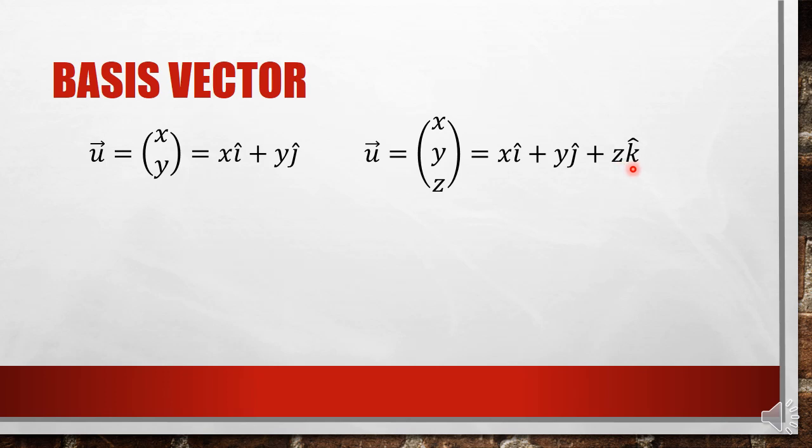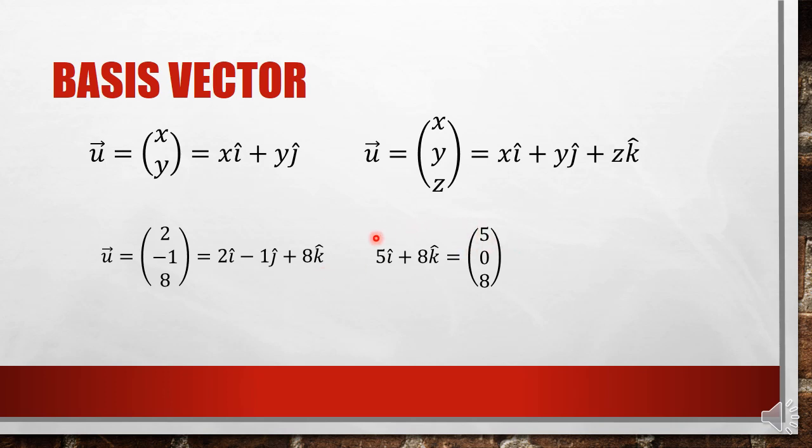For example, vector u (2, -1, 8) in its basis vectors is written as 2i minus j plus 8k. Or a vector can be written like this: 5i plus 8k, so there's 0j here, so (5, 0, 8).